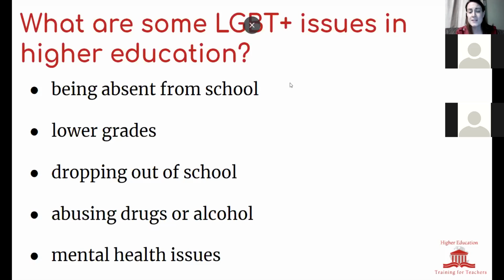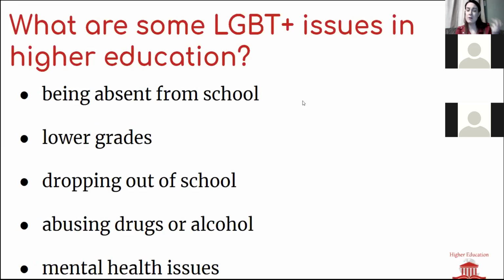So it's good to know about as a teacher, that these issues might be possible if there is a student that is LGBT plus. They might get bullied and treated badly, and they might get depressed and not want to come to school, or drop out, or do other bad behaviors because they're depressed and sad.